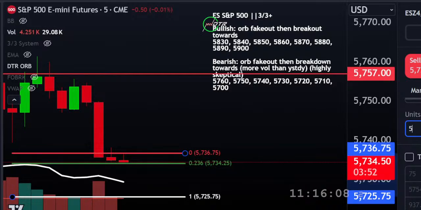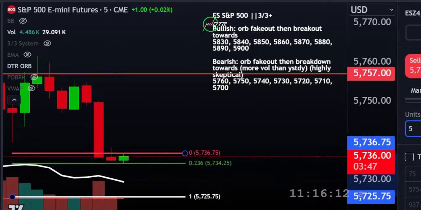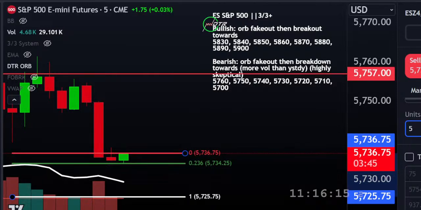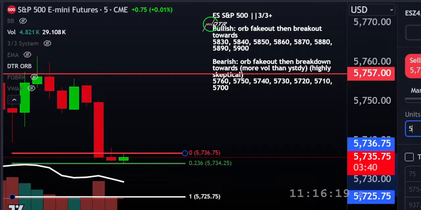Better. See how aggressively it gets stuffed here.